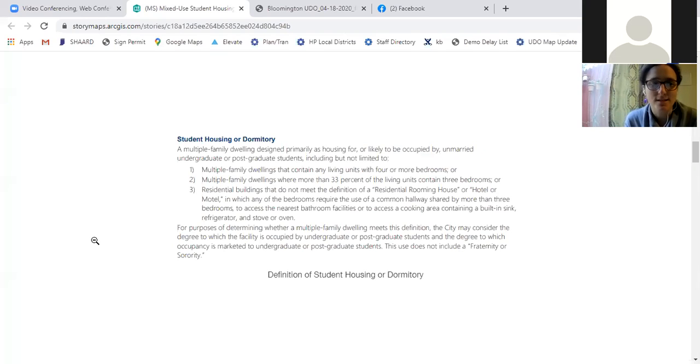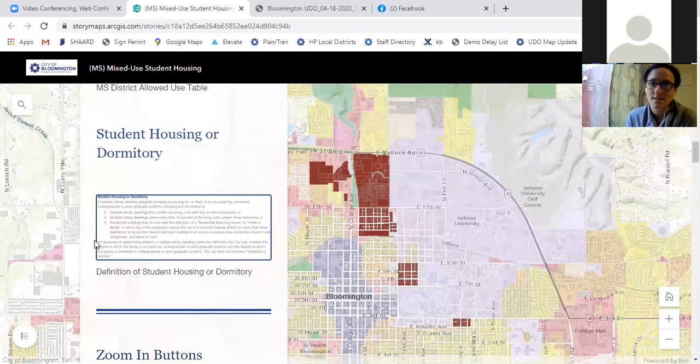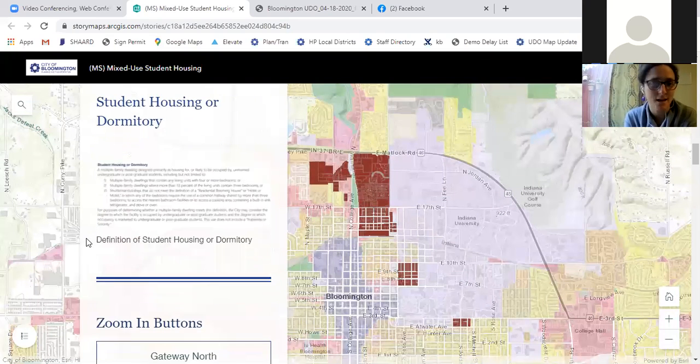So the main difference is that you are classified as student housing if you have any units in your building or complex with 4 or more bedrooms, or if more than a third of your living units are 3 bedrooms. And so that use has been added, and now restricts where what the community has decided is a typical definition of student housing would be allowed, and that is now allowed in these areas.